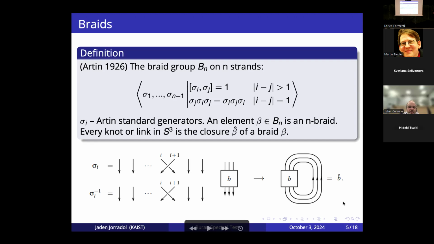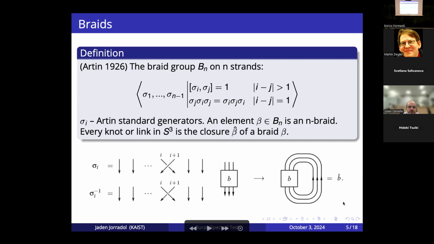And the second one is when the sigmas are next to each other, then sigma i sigma j sigma i is equivalent to sigma j sigma i sigma j. Basically it looks like this. I'll draw it on that side. Here the braid is like this. So this is sigma 1, and then this is sigma 2, and then you do sigma 1 again.